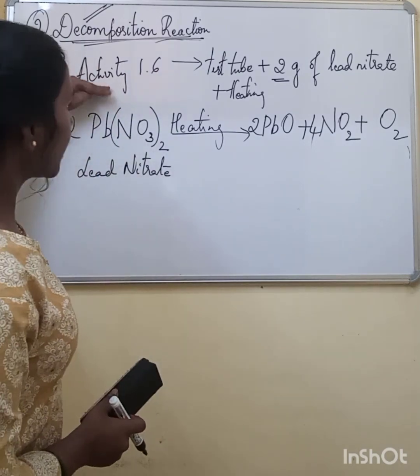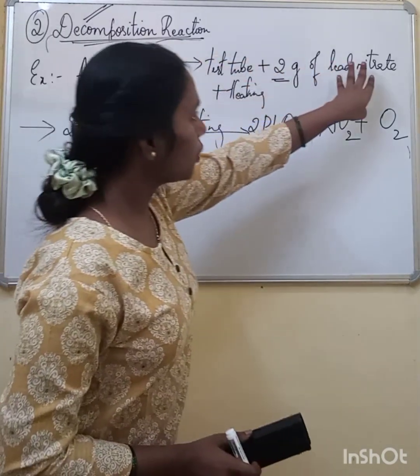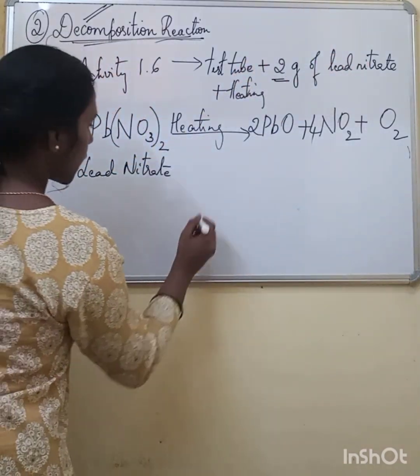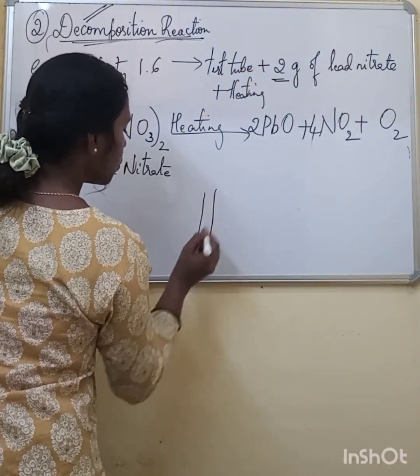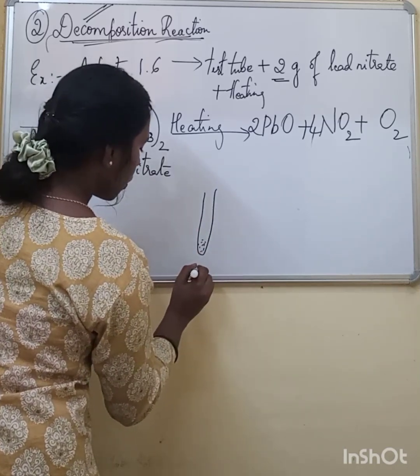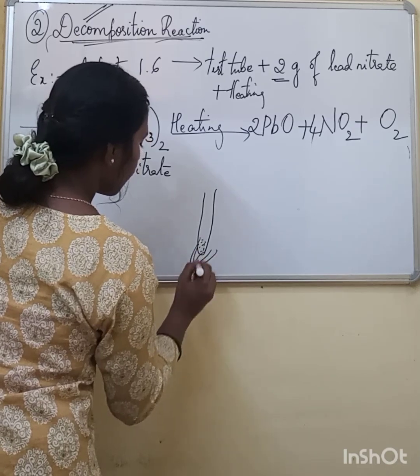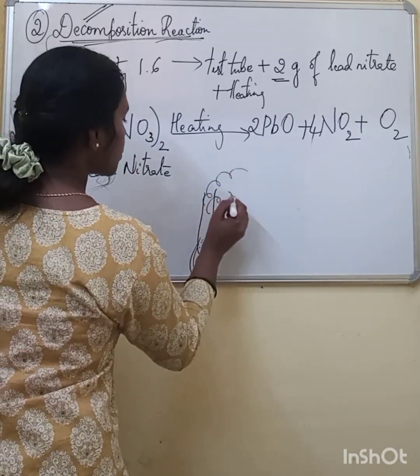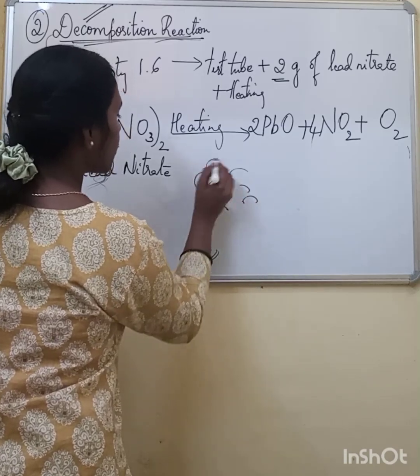Now in your activity it says that when you take lead nitrate in your test tube and start heating it, fumes are produced.